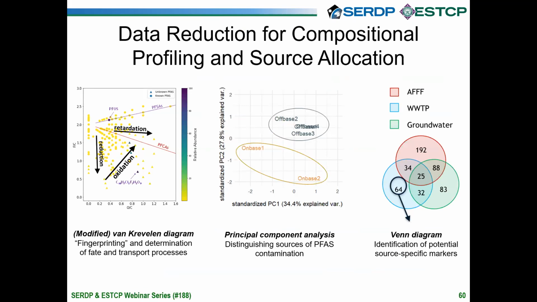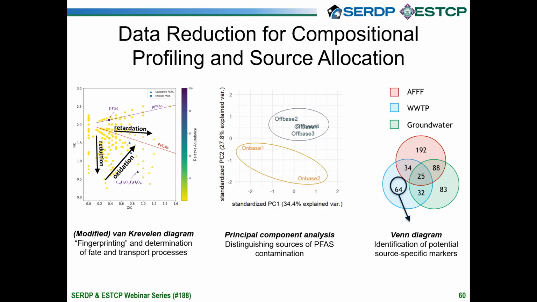So there are different data reduction methods that you could use, and we're really just at the beginning of this journey. I've shown the modified band prevalence diagrams. We do believe that we can use this approach not just for forensic purposes, but also to identify reduction, oxidation, retardation processes along a flow path. At the center of the slide, you see principal component analysis.